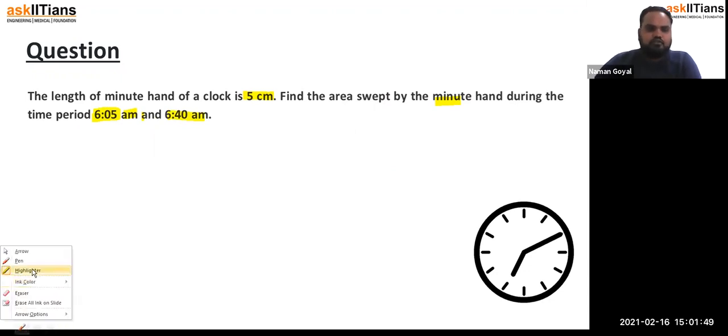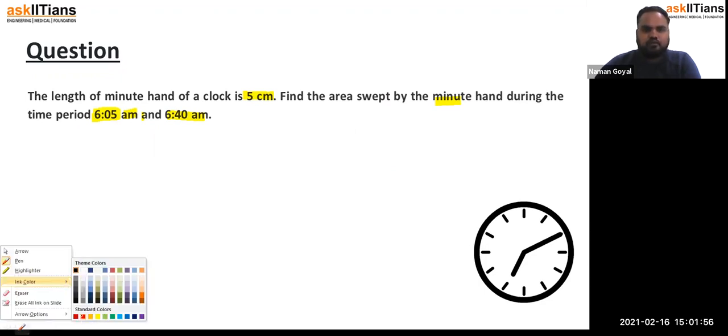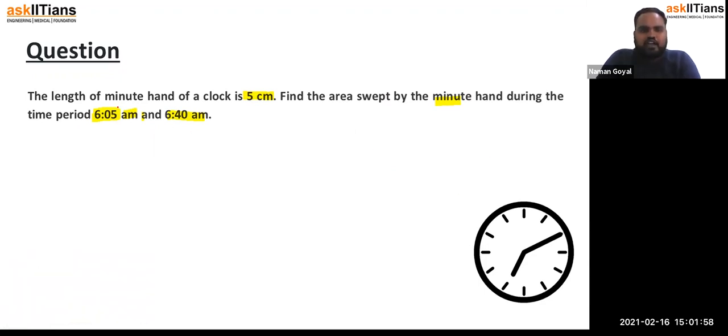Now let me show you one thing. Okay, now see, when the time on the clock is 6:05, where was the minute hand? I am just asking for the minute hand. I am not concerned about the hour hand. So we have to check where the minute hand is.